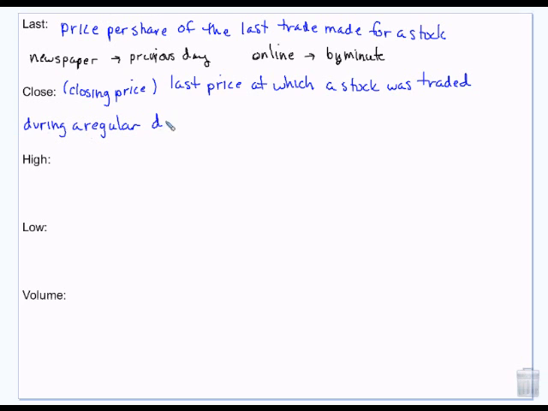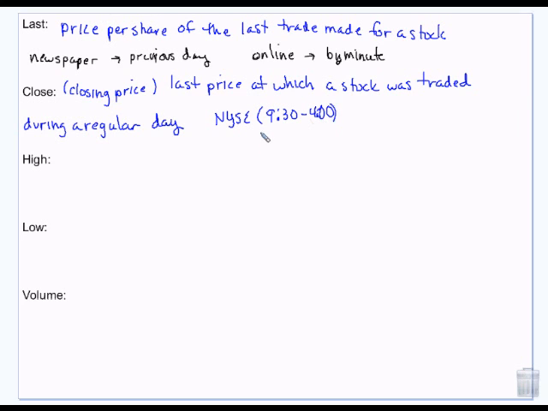Okay, so the stock market, stocks are traded 24/7, pretty much. 24 hours a day, because even though, for example, the New York Stock Exchange runs from 9:30 to 4.